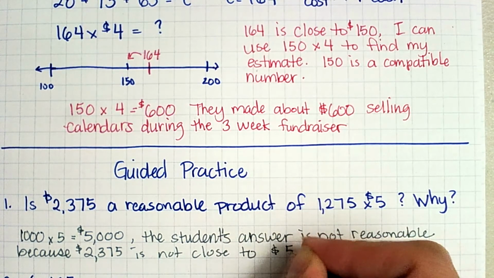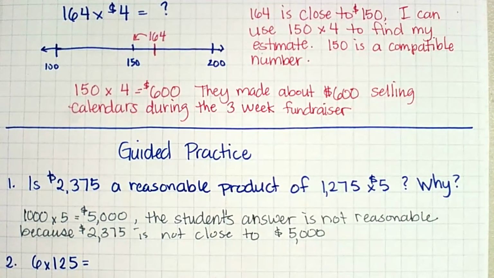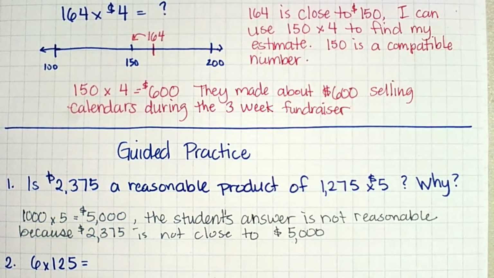So 5,000 was our estimate when we rounded to the nearest 1,000. When we compared it to the number that the student gave, we found that those numbers are very far from each other. And so that was not a reasonable estimate.